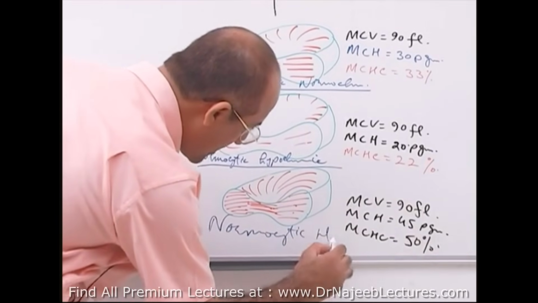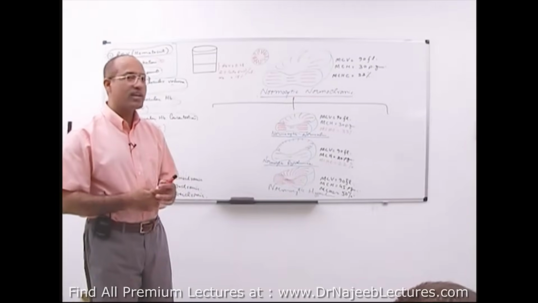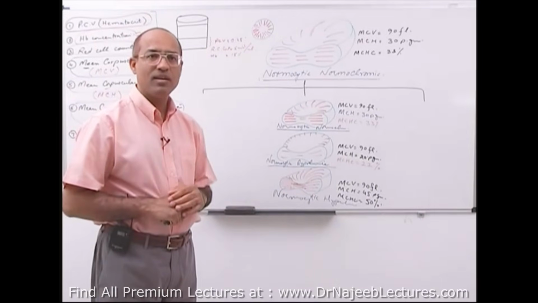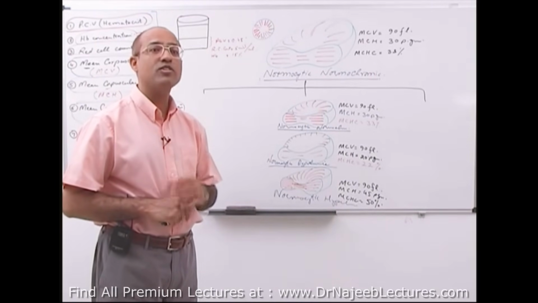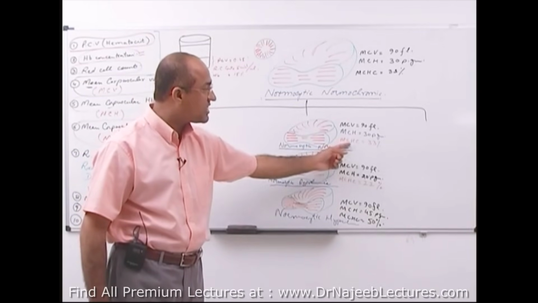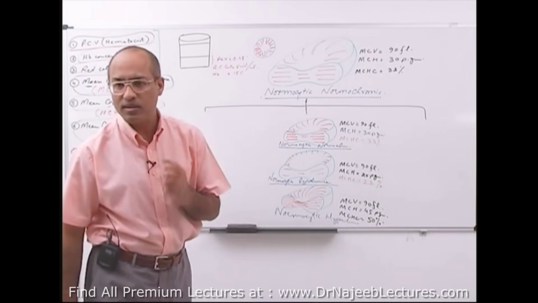So by this concept, what I wanted to tell you is that whenever we talk about mean corpuscular volume, we are talking about whether it is normocytic or not. And whenever we are talking about MCHC, we are talking about whether it is normochromic or not.